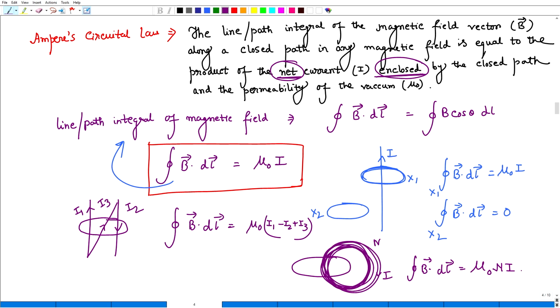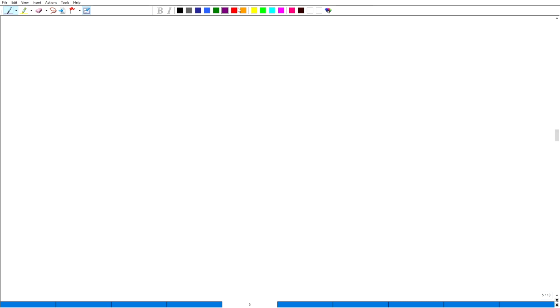In the next part we will start the displacement current. This displacement current is essentially the significance of the Ampere circuital law, because in Ampere circuital law we are considering a wire.